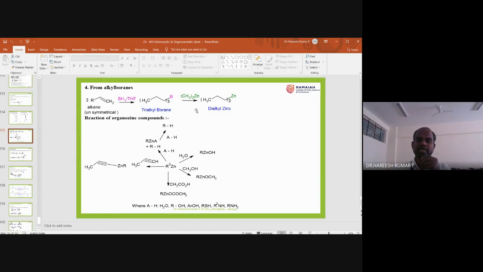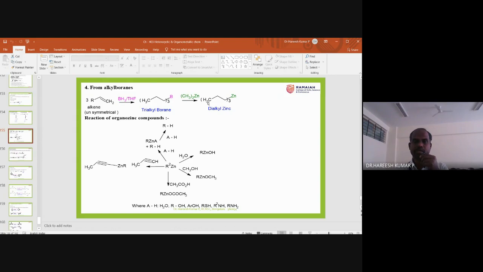Then what is the byproduct here? The byproduct is trimethyl borane. And the product is dialkyl zinc. That means it should be 2, not 3. Dialkyl zinc means this is 2.